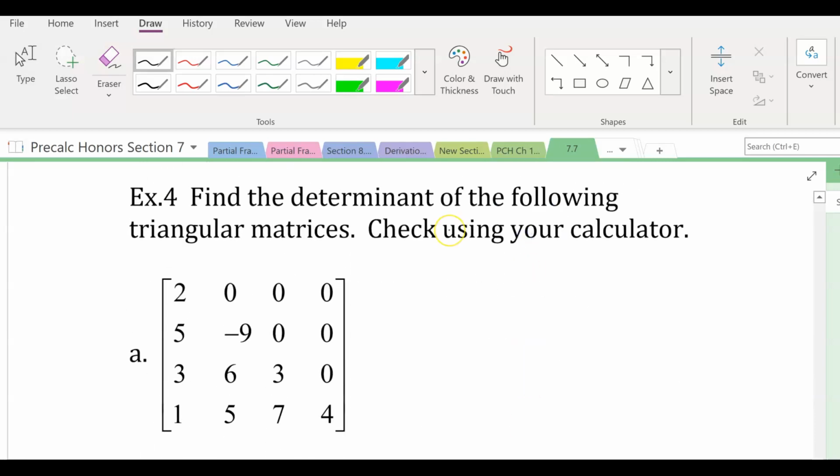Find the determinant of the following triangular matrix, and you can check using your calculator. There's a determinant feature in your calculator. You won't be able to use it on the non-calculator portion of the assessment, but you can use it for the notes here.